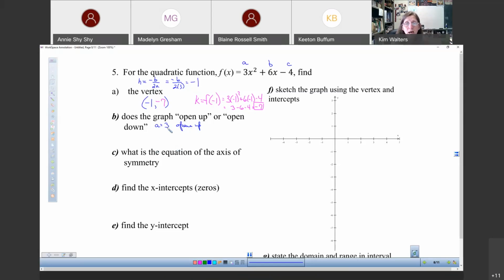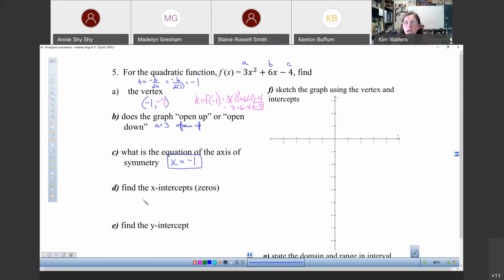So a is positive 3, graph opens up. Axis of symmetry, equation: x equals, we keep using that lovely negative 1. So x equals negative 1 is my equation of the axis of symmetry. Intercepts. And you're going, oh, yuck.